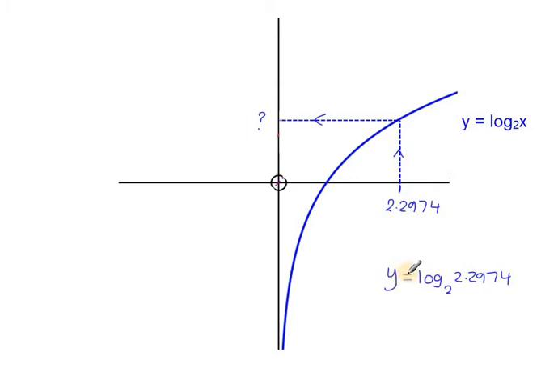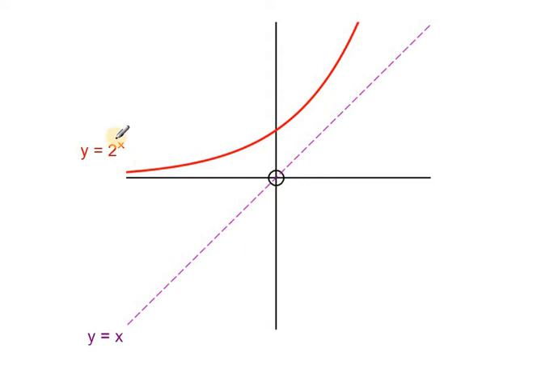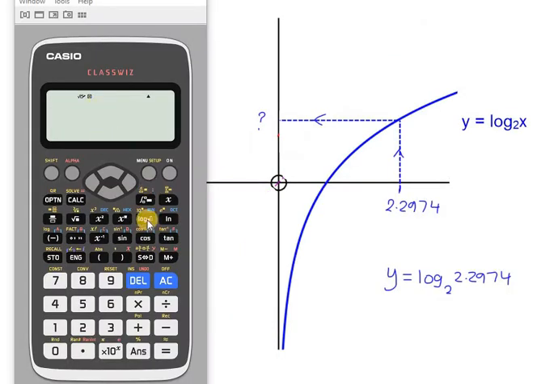So y is equal to the logarithm to the base 2, that's what we were using in the original exponential function, base 2. So on the calculator, we want this function, log base 2, and that's a rounded value, which gives us 1.2.